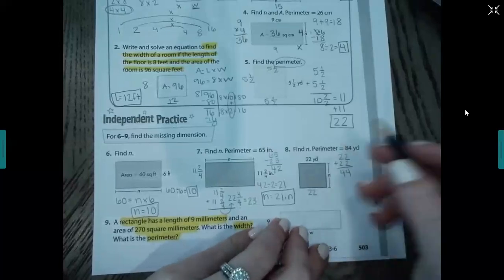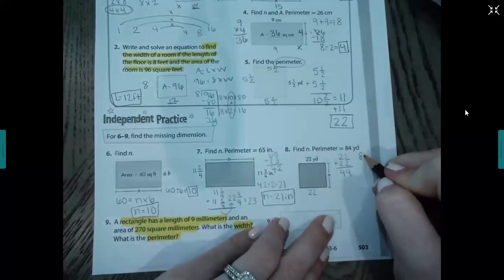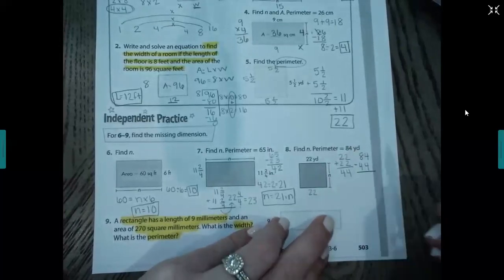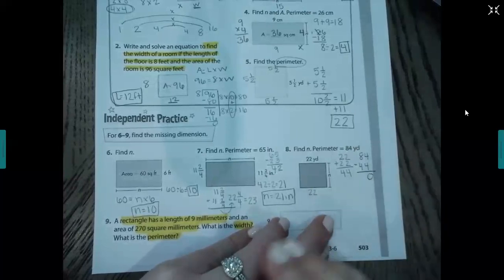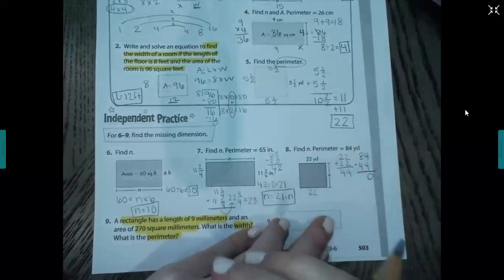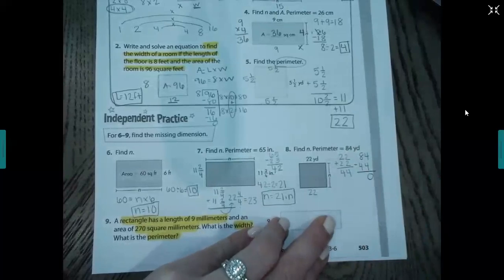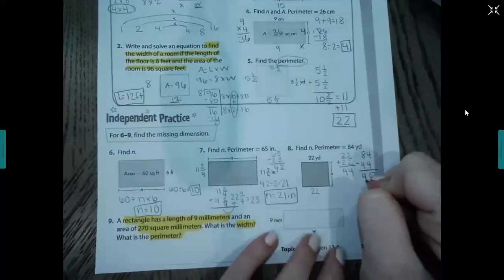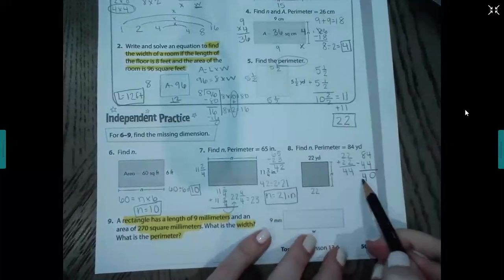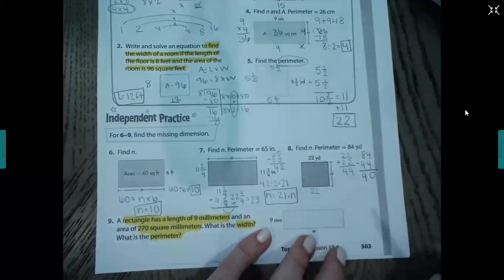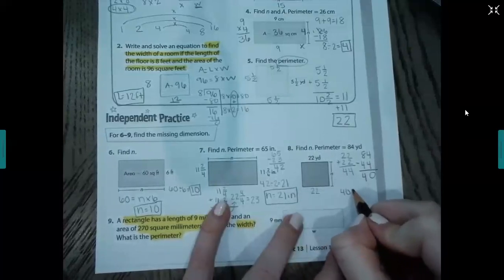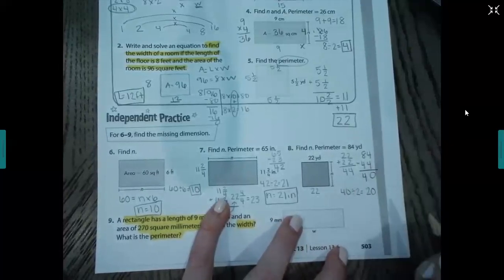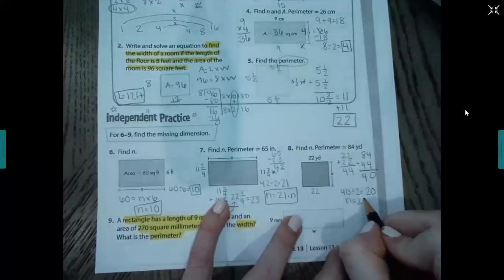I'm going to subtract my 44 from my total of 84. 4 minus 4 is 0. 8 minus 4 is 4. So now I have 40 left split between these two sides. So 40 divided by 2 is 20. So n equals 20.